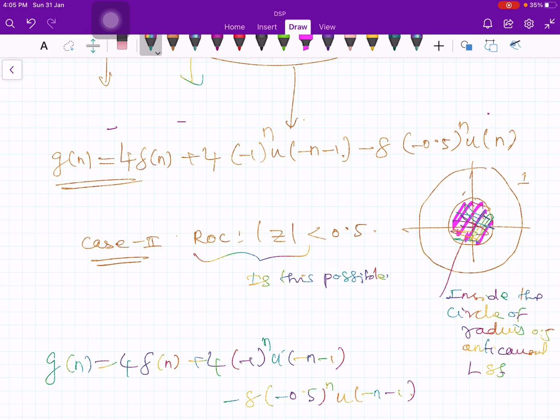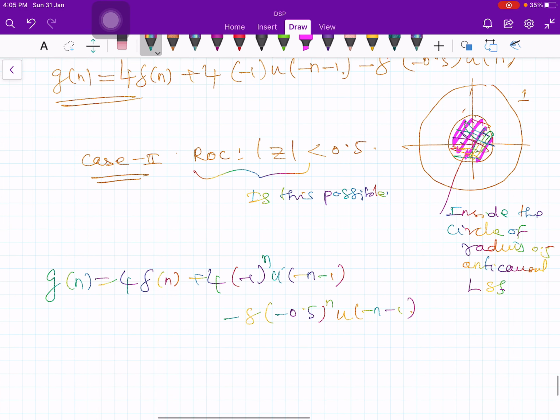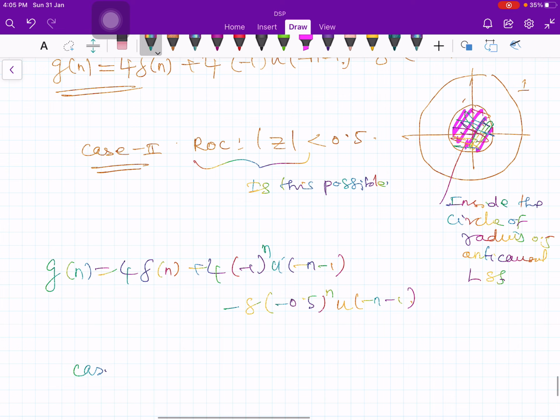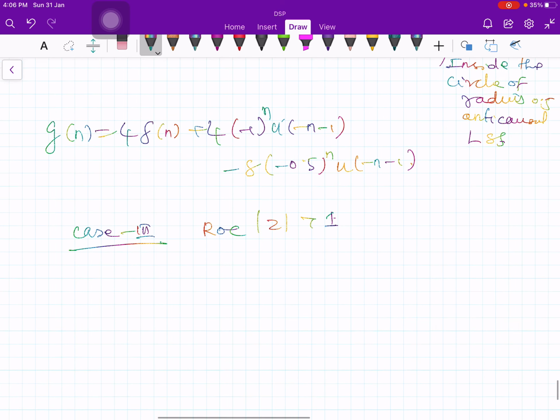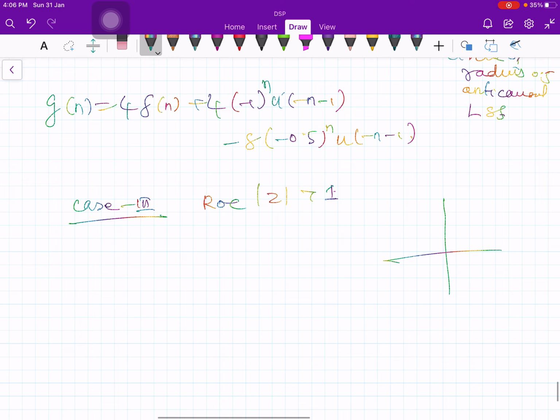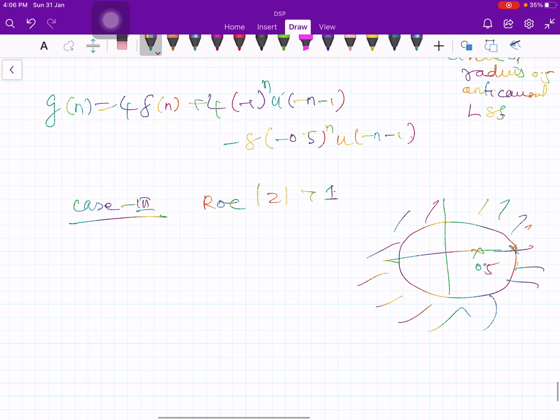Now what is the other possibility? ROC mod of z greater than 1. Can I write like this? Yes. In this case, again you have two poles, one pole at 0.5 and another pole at 1. So you have it like this. Now the ROC is outside the unit circle.